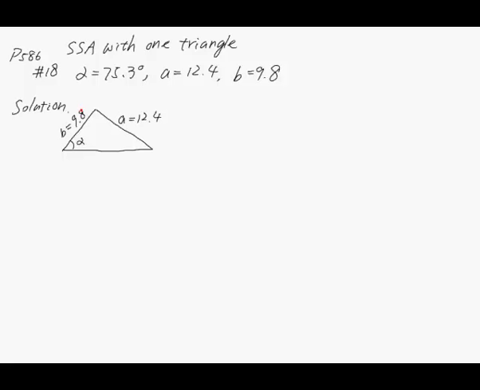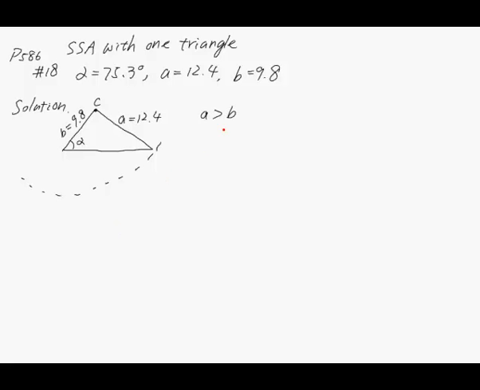First we need to compare A with B or the height H. Let's first compare this A with B. So A is definitely bigger than B, right? And if you draw a circle, using this point C as the center and A as the radius, then you would have the circle like this, right?